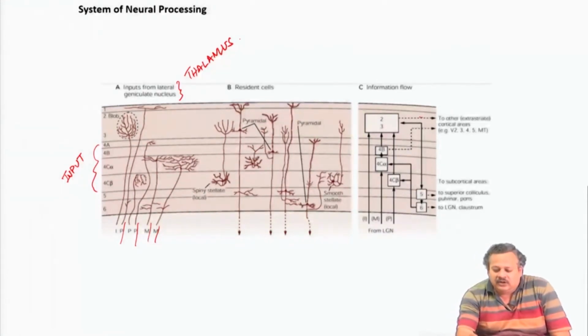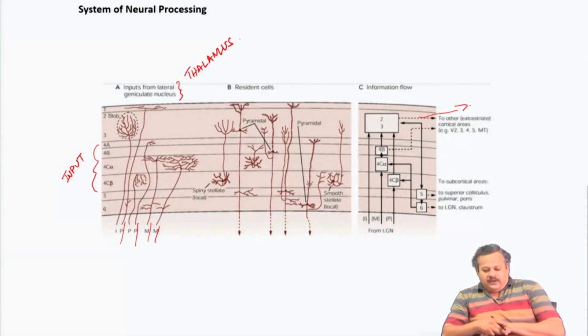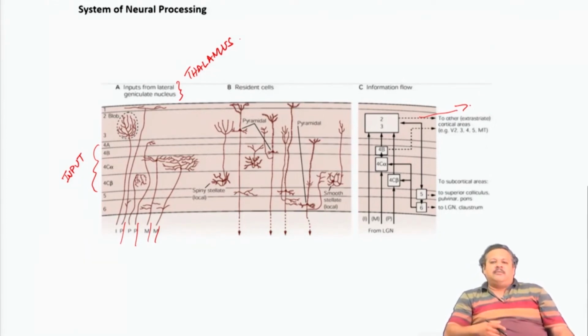Layer 2, 3 then talks to other cortical regions, and also it connects to layer 5. And layer 5 is the region that connects to the lower, subcortical areas, and layer 5 connects to layer 6, and layer 6 projects to the thalamus, that is, it contains the reciprocal connections from the cortex to the thalamus.